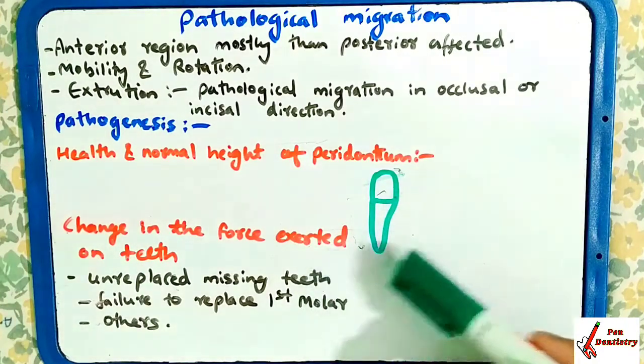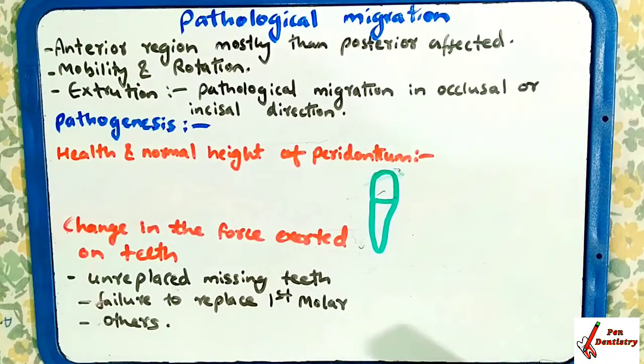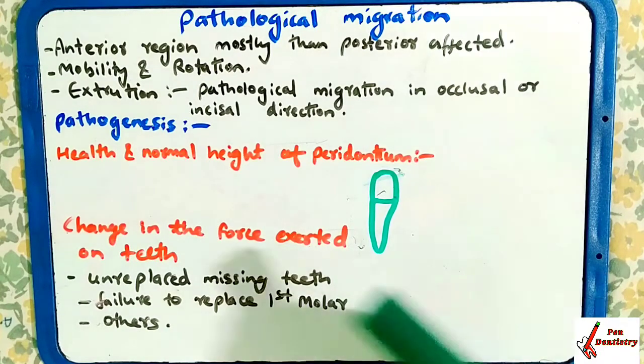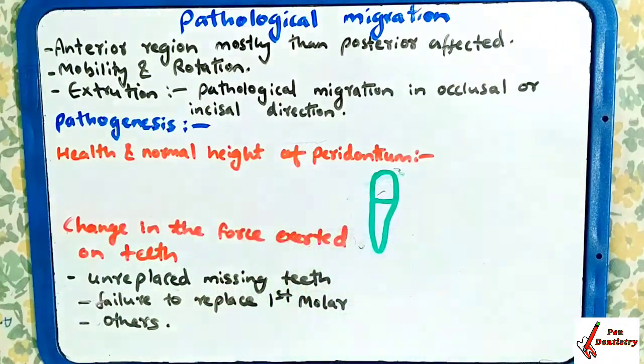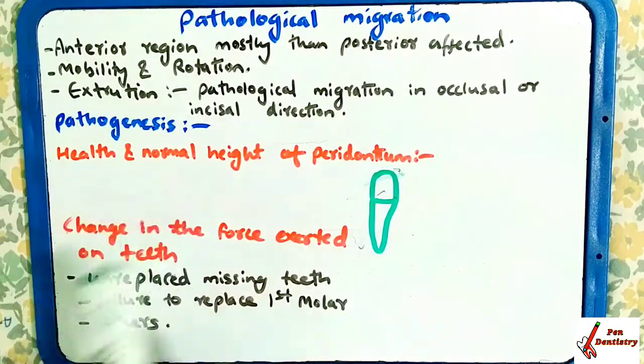Whether the surrounding periodontal fibers and periodontal tissue are good or not. What is the height of the periodontium? The periodontium is the supporting structure, so what is the height of the alveolar bone? If migration is taking place, it relates to the health as well as the normal height of the periodontium.